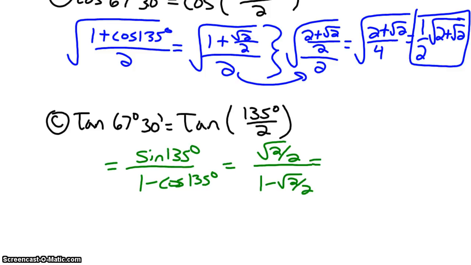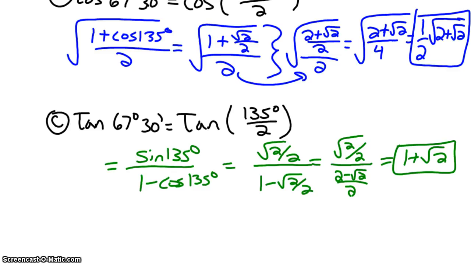Again, I'm going to rationalize that denominator, so I have radical 2 over 2 all over 2 minus radical 2 all divided by 2. When I multiply by the reciprocal, what I will end up with is the value of 1 plus radical 2.